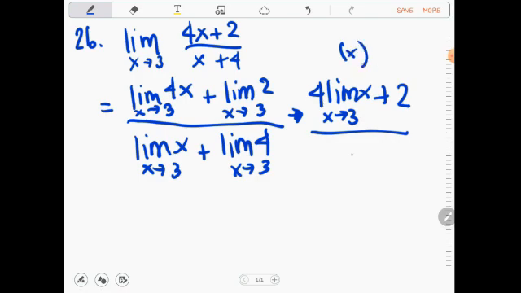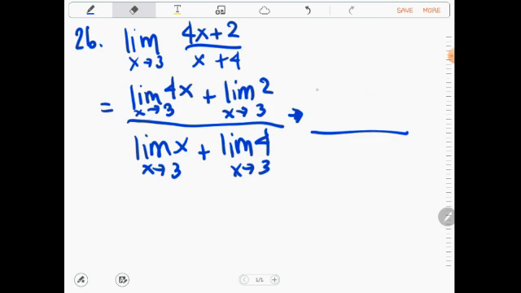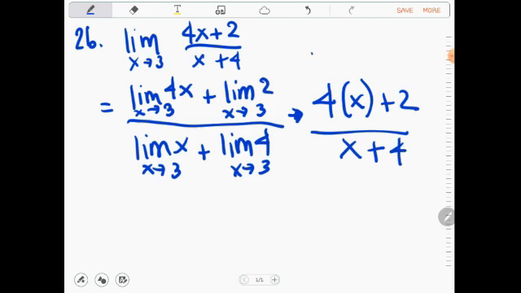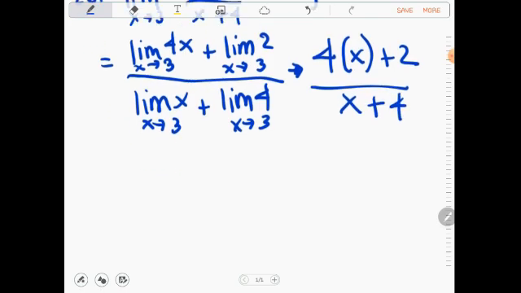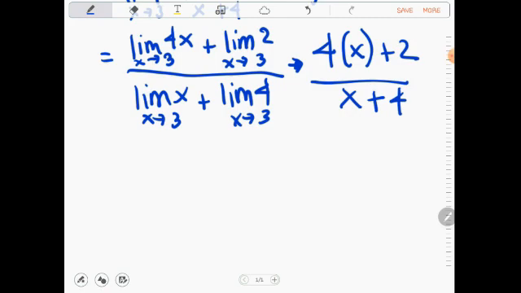Okay? So, palitan ko na lang para hindi na tayo mag-ano. So, this should be equals to 4 times x plus 2 all over x plus 4. So ito pa rin yun, di ba? Okay, so pinapakita lang natin yung process. And then substitute now the value of x, that is 3. So you can use value of x na malapit sa 3 or nearest. Kasi sabi naman is approaches, di ba? Approaches siya sa 3.